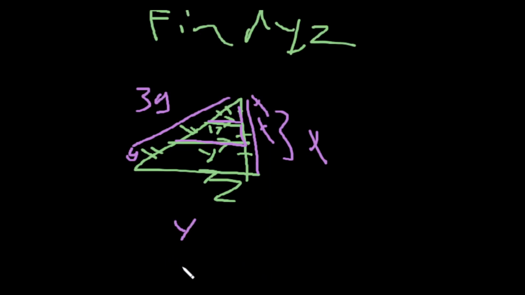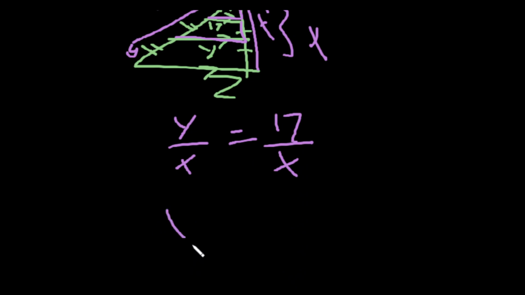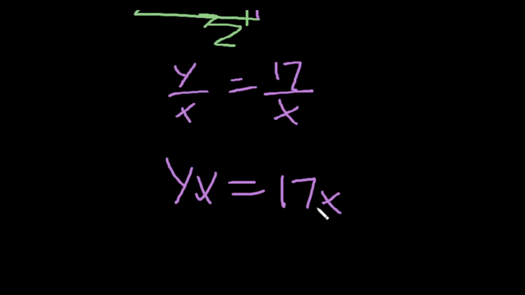So it'd be y over x equals 17 over x, and it'd be yx equals 17x. We can get rid of the x, just divide them. The x's cancel out. It says y equals 17.